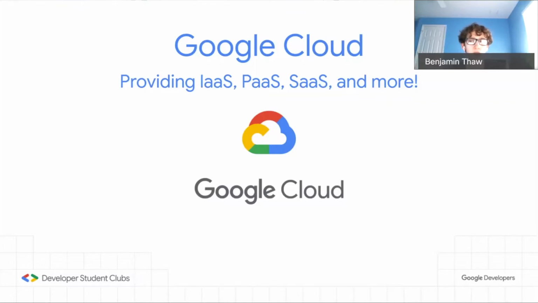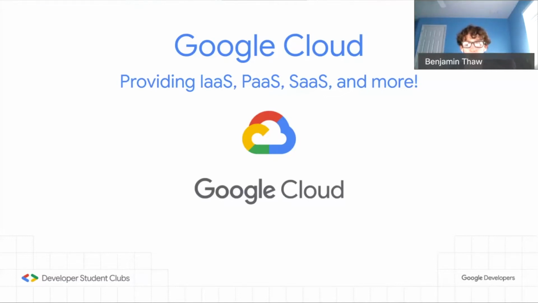Once you go into the IaaS and the PaaS, you start to get into the Google Cloud Platform. For infrastructure as a service, you have Compute Engine. You can create virtual machines with predefined or custom machine types to fit your needs, and you can install whatever you want onto those.